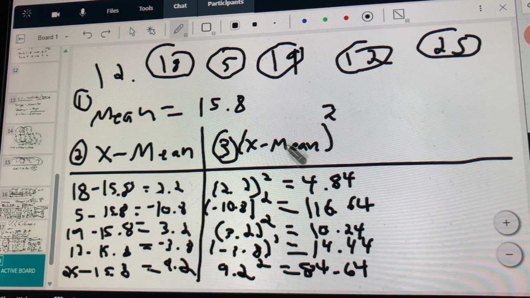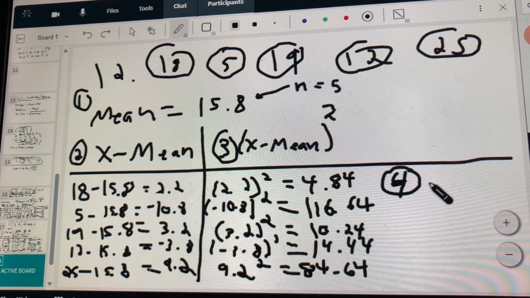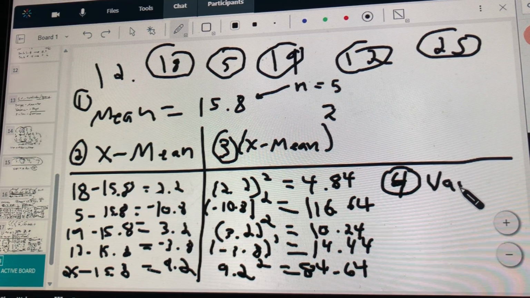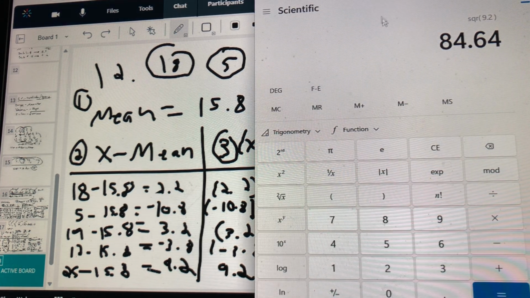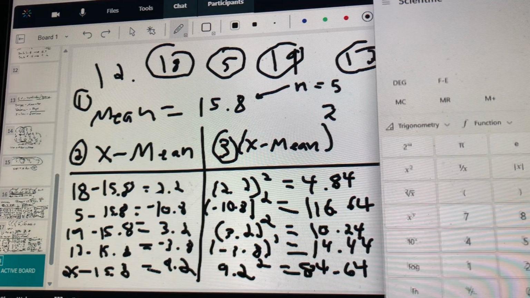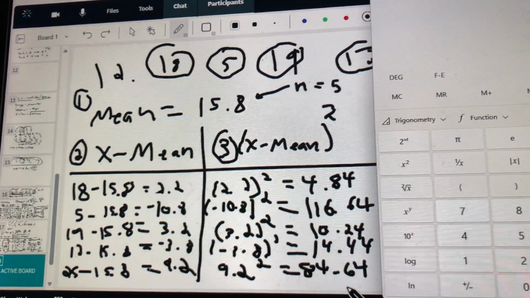When we got the mean, I added them up and I divided by 5 because n was 5. So when I do step 4 now, the variance equals the sum of the squared numbers, and I'll type them from bottom up since I already have the 84.64 on my screen, plus 14.44, plus 10.24, plus 116.64, and plus 4.84.